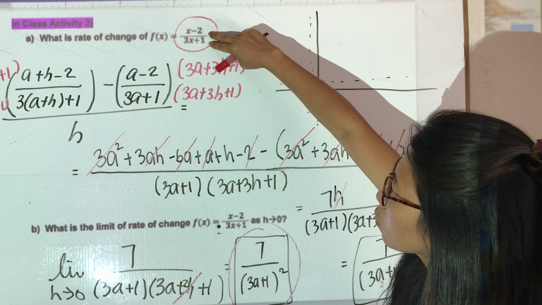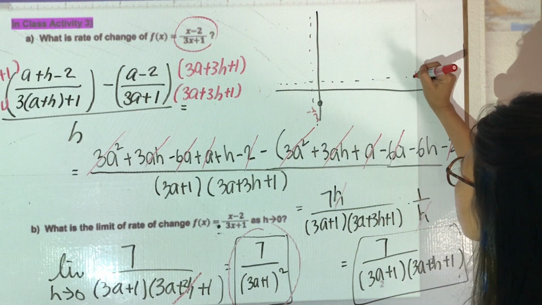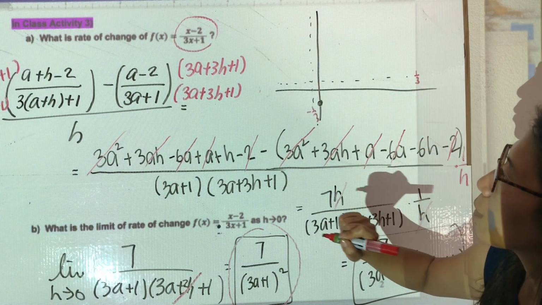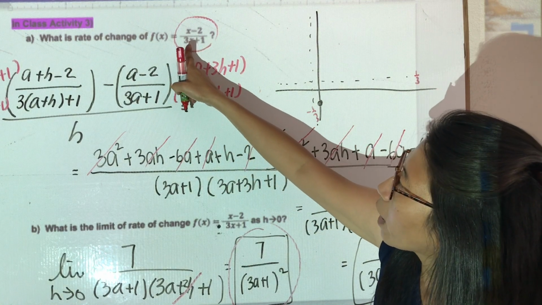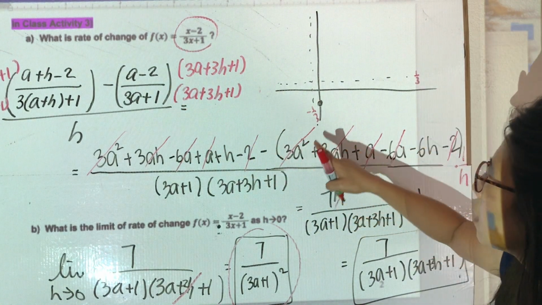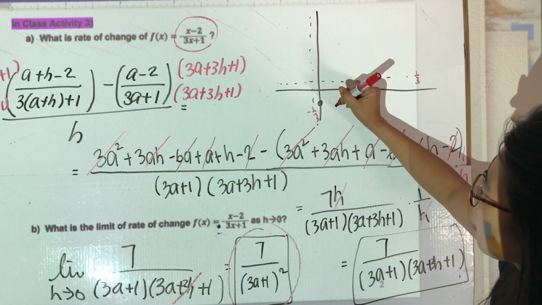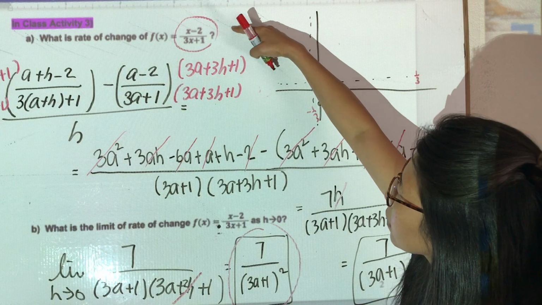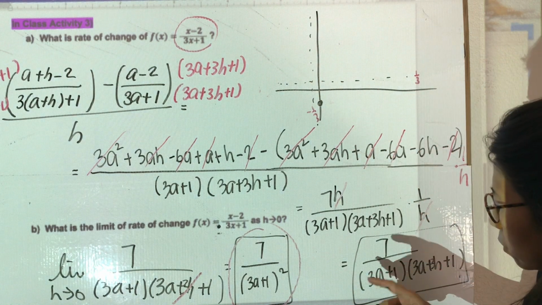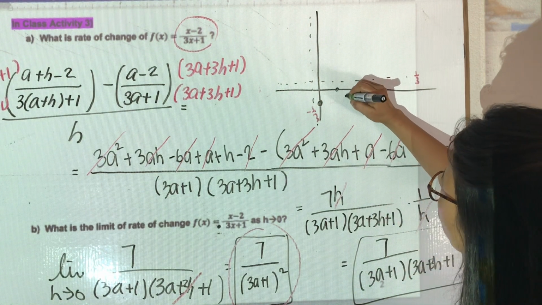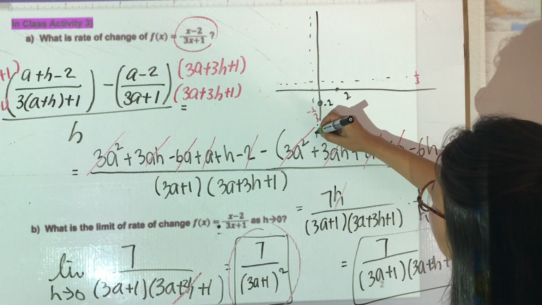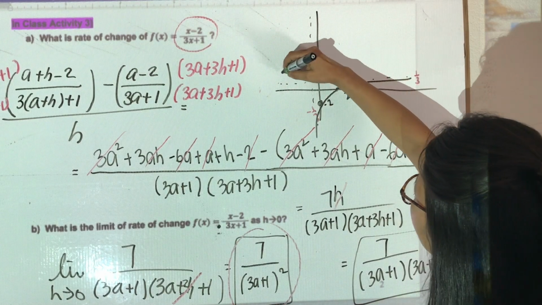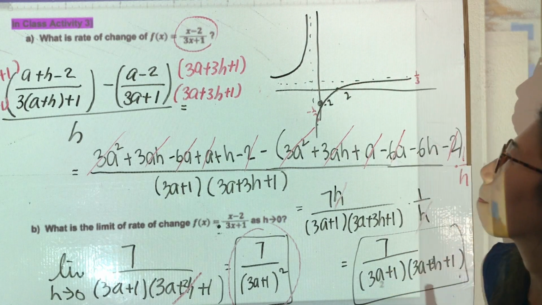The horizontal asymptote is going to be 1/3, and by plugging in 0, the y-intercept is going to be negative 2. Then if I plug in 0 as a y-intercept, I see that the x-intercept is going to be 2 as well. So I see the graph shape is going to look this way.